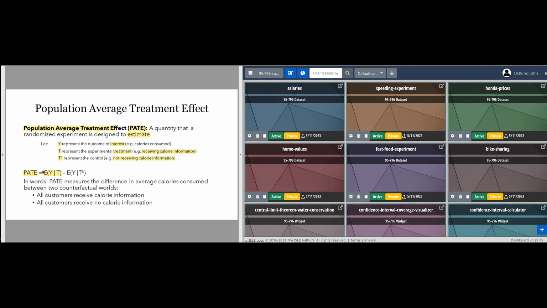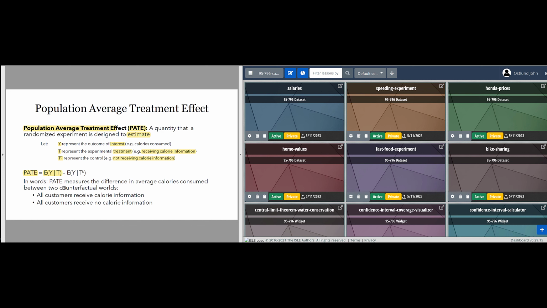So was there any increase or decrease in the expected value of calories consumed in the test group versus the control group? Okay.